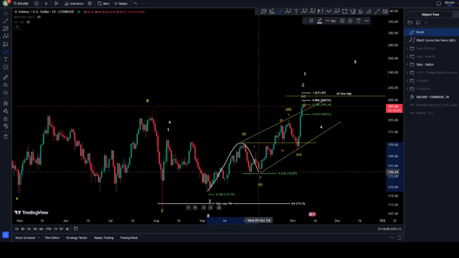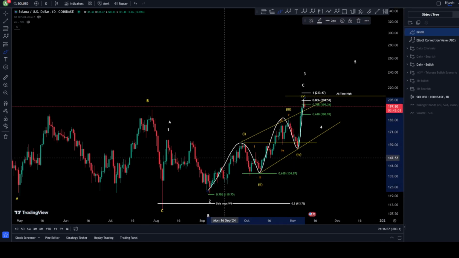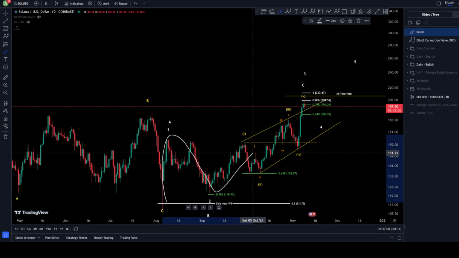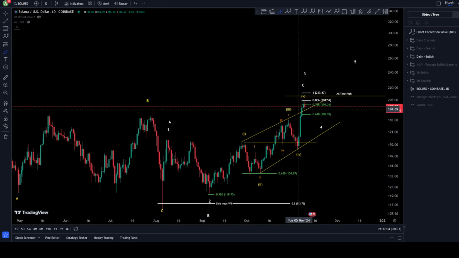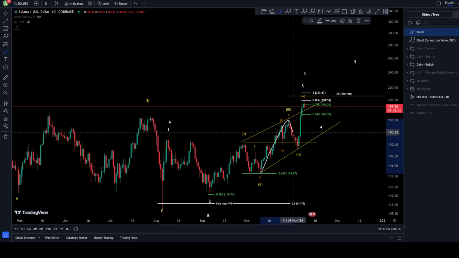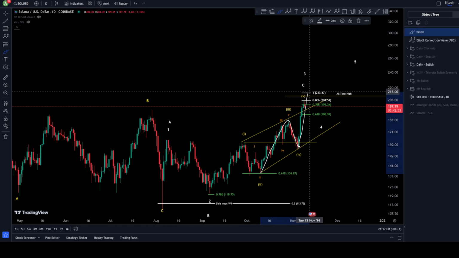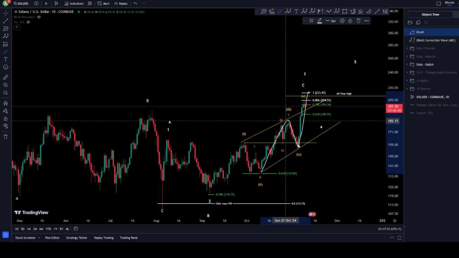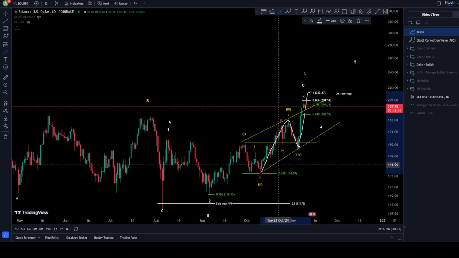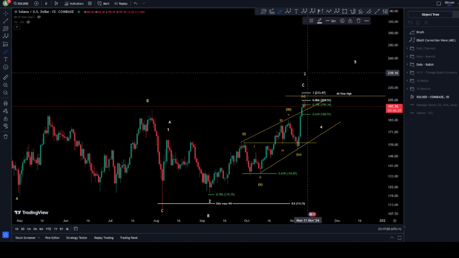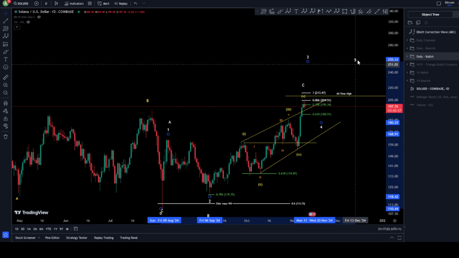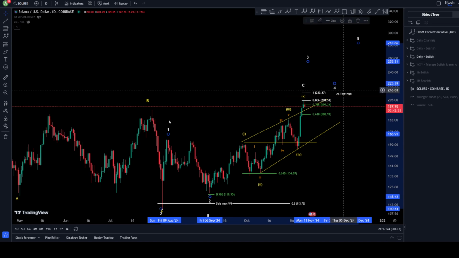It's going to invalidate this ending diagonal, which could be for a wave A, B, and a C. And in case we hit the 1-to-1 fib level taken from this wave to the base on this one, and it gives us a longer wave than wave 5, then definitely this is an invalidated diagonal. And by all means, if we take this high, we can make sure that we are going higher with a higher wave 3.